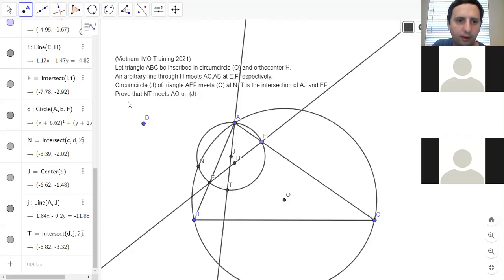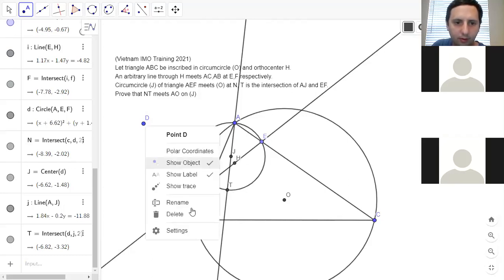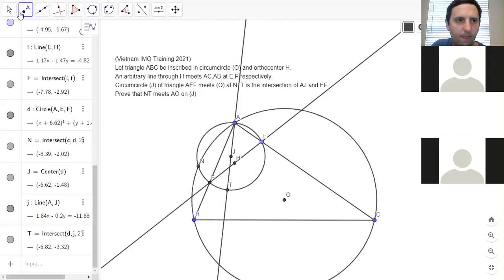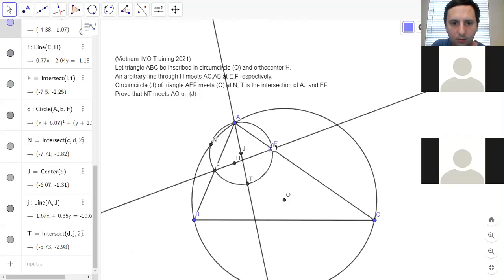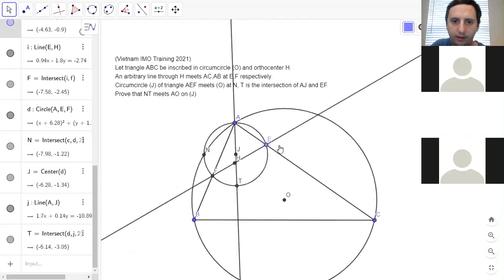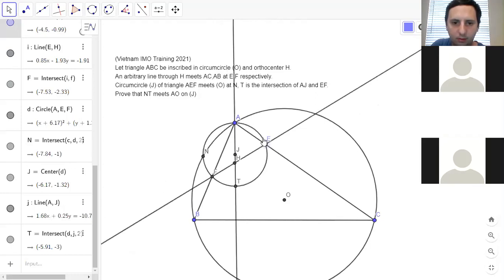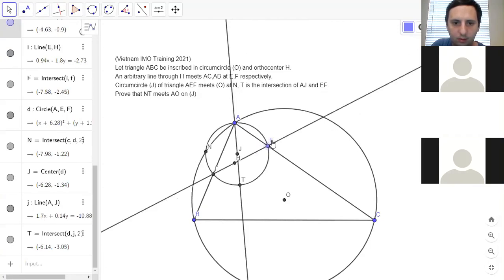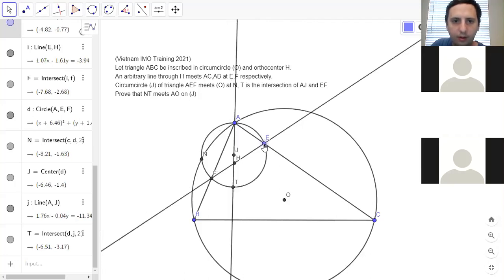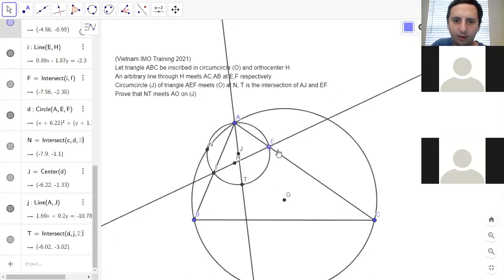That's just the same as showing that ANT is 90 degrees, right? Which is the same as showing AET and AFT are 90 degrees. Well, T is the intersection of AJ and EF. Oh, AJ, oh, and EF, sorry.